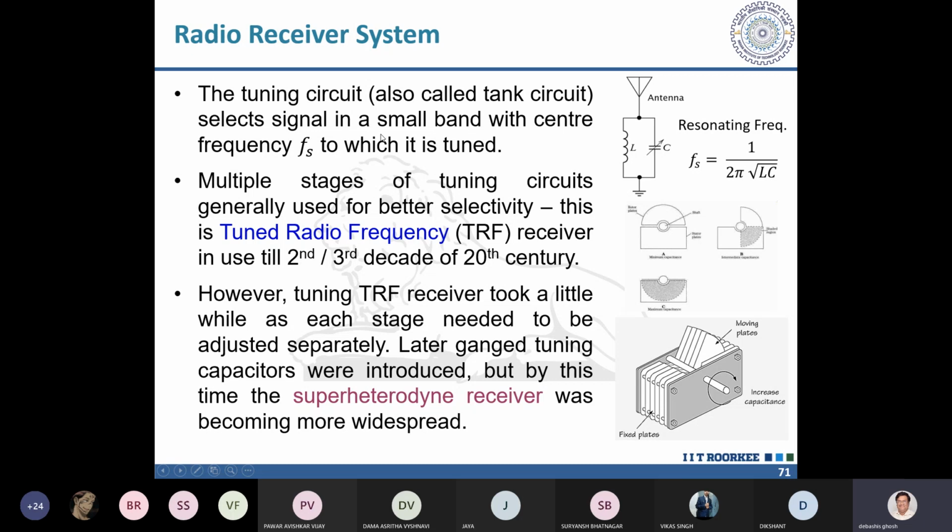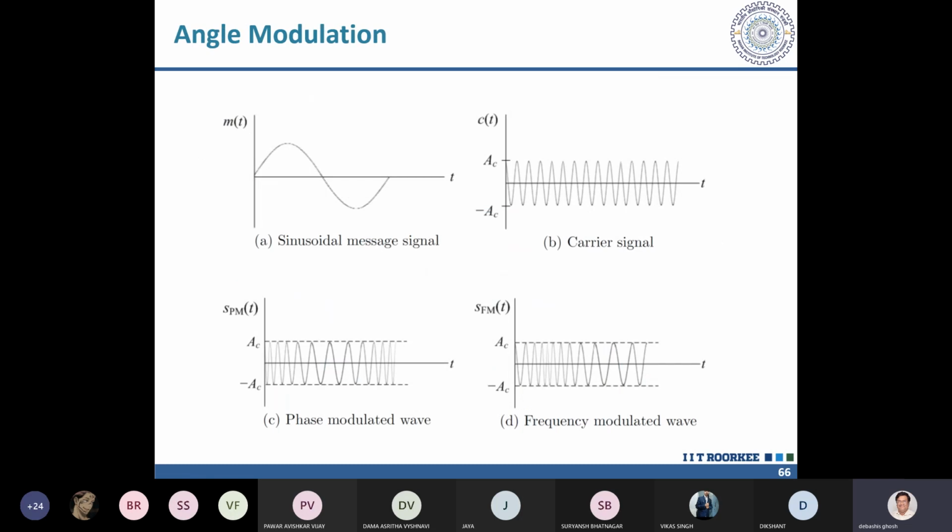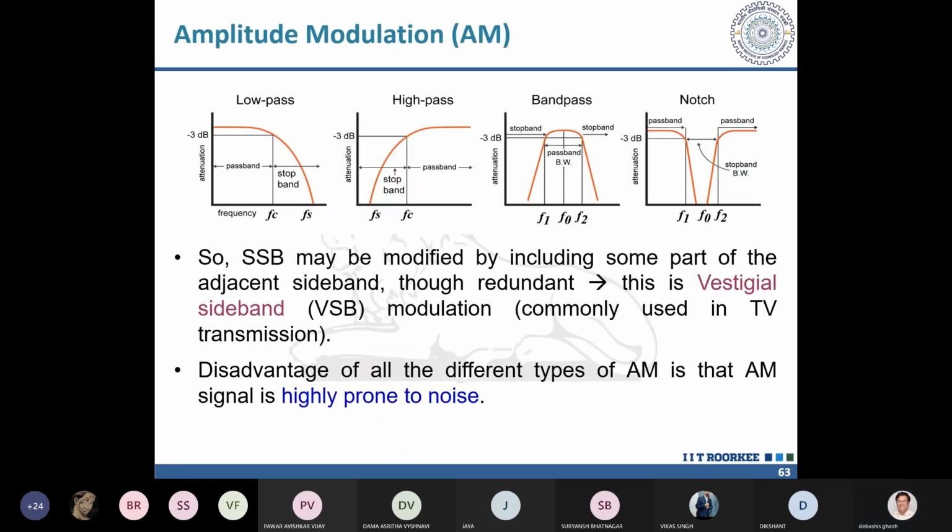Now for better selectivity: if I have only one stage of this tuning circuit, it may not give you very good selection. Again, the reason is this.